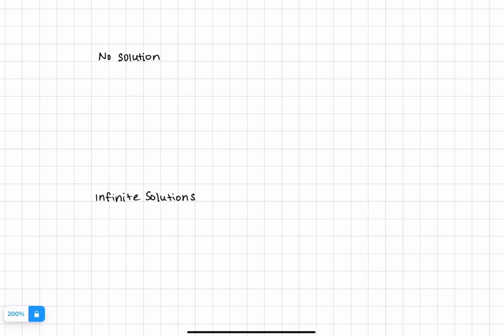A no solution equation is one in which the variable is canceled out and you are left with a false statement. Infinite solutions are all real numbers, solutions occurring when the variable is canceled out and you are left with a true statement.